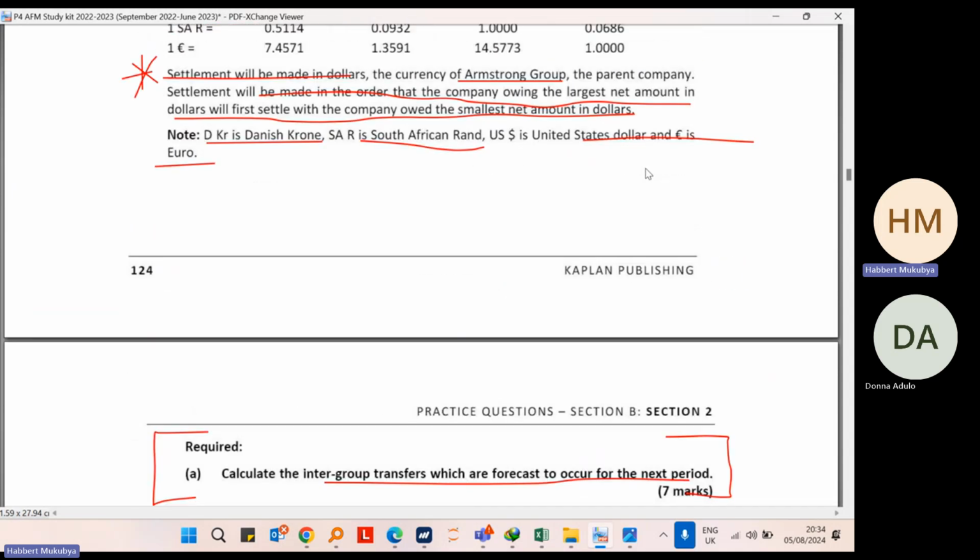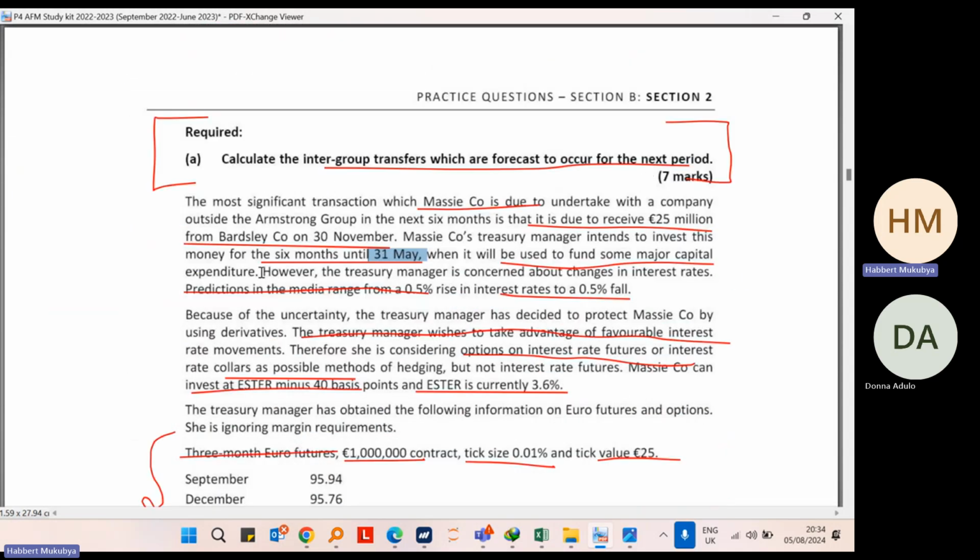The thing that they said in this part, because this part is a continuation of that question, is just adding that the most significant transaction that's going to happen in those 6 months is this transaction. Is it because you're trying to hedge against the interest rate going up or down when you anticipate to receive the loan in November?